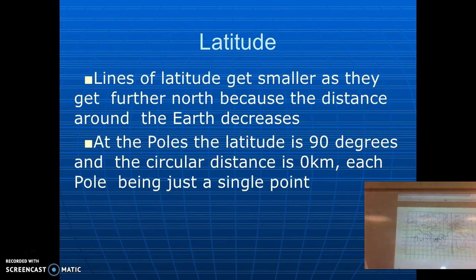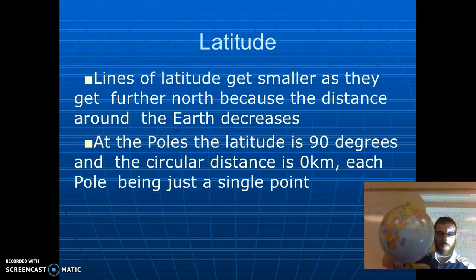I have a globe, I'll show you that. Sometimes this is a difficult concept for students to understand. If you see how the world is here, you can see the middle line of the equator right here. If I were to turn the Earth upside down and we were looking at it from the top of the planet, you can see the North Pole and the Arctic Circle here, and as we move up the ball, the distance around the Earth decreases.